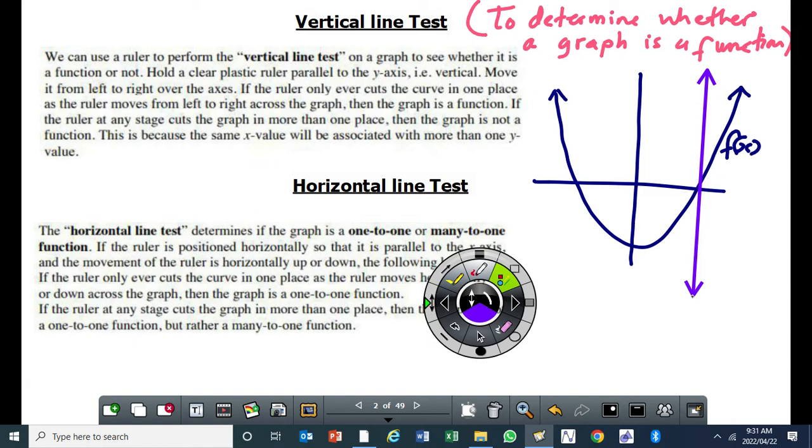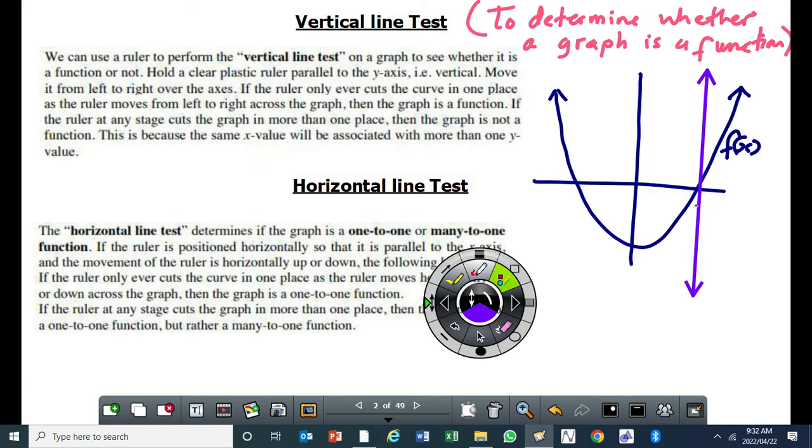Okay, so with the vertical line test, you just have to take a vertical object, like in this case, this line which I have here. I wish I could change the other color, but it will take more time.